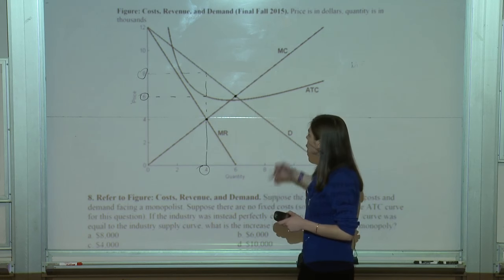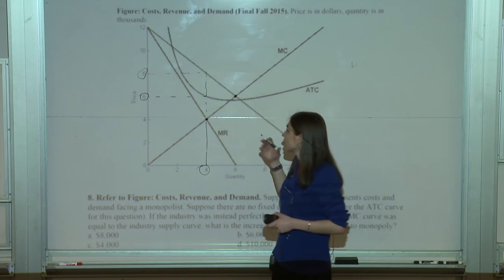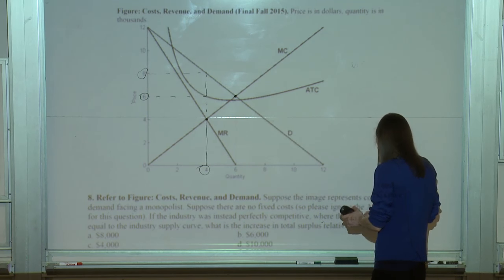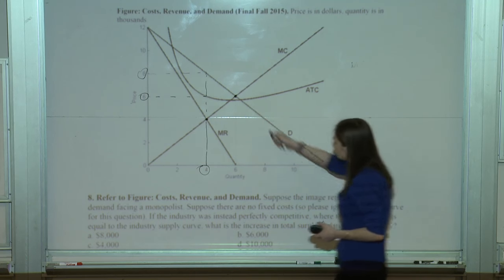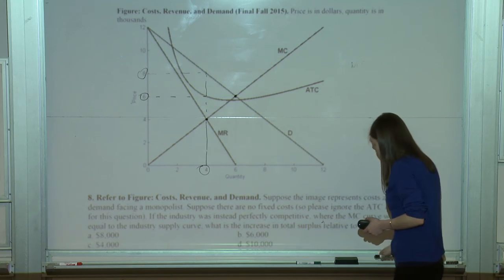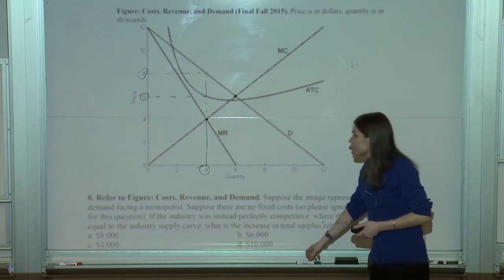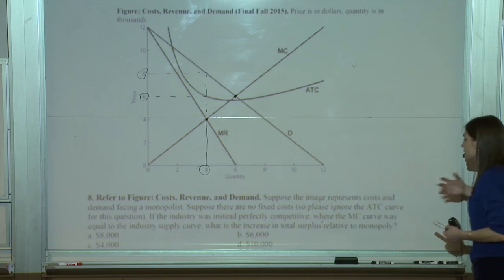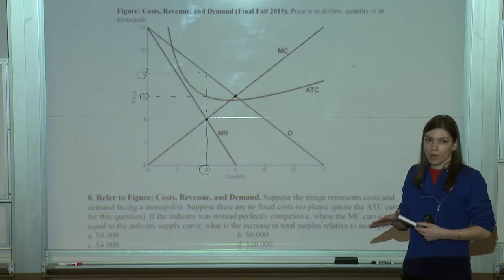If we have perfect competition instead of monopoly, the outcome would be a quantity of 6 at a price of 6. This is also the outcome that maximizes total surplus. The question is, what is the increase in total surplus relative to monopoly?